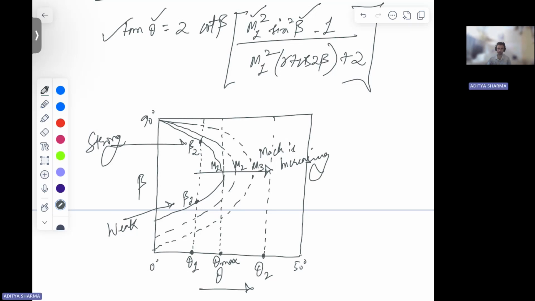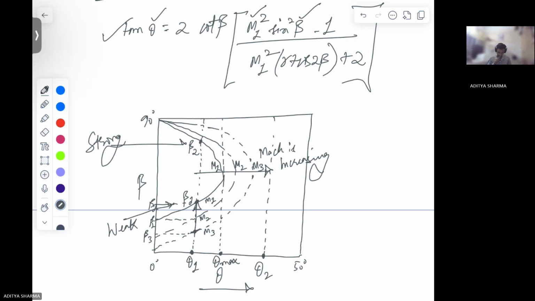You can see this from here. For theta 1, this is for your M3, this is for your M2, this is for your M1. Here this is beta 3, beta 2, and beta 1.